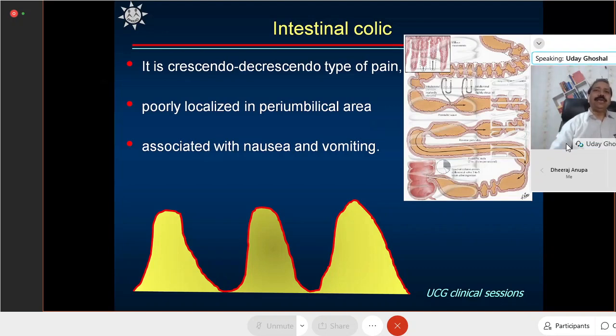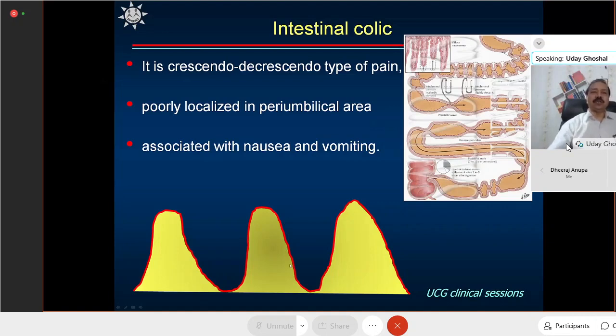What happens is intestinal contraction. Obviously, muscle undergoes fatigue because no muscle can continue for a very long time. When the muscle undergoes fatigue, there will be a decrescendo like this. And then after the muscle again gets back its energy, it is again trying to overcome the obstruction by contraction.